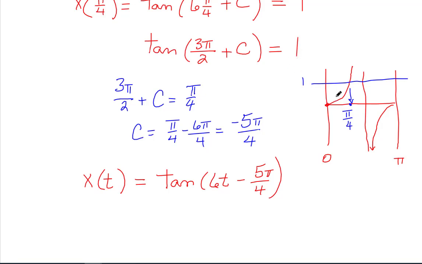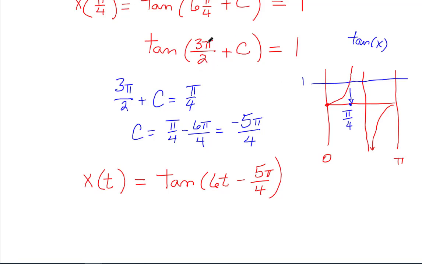Well, if you look at the graph for the tangent of x, so this is the graph for tangent of x, when is the tangent equal to 1? Well, over the period 0 to pi, tangent is 1 at pi over 4.